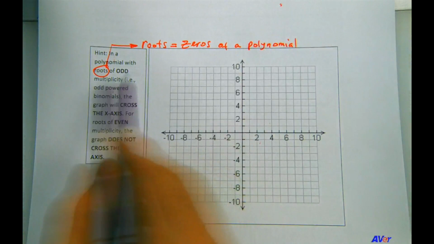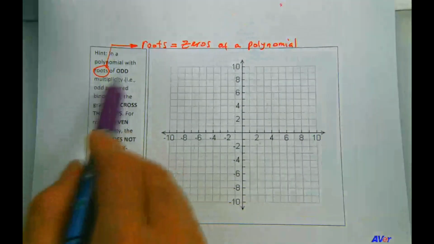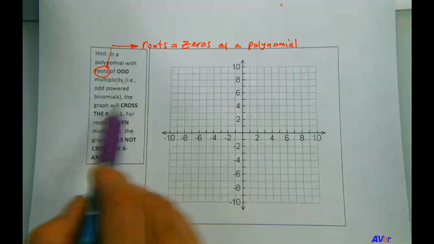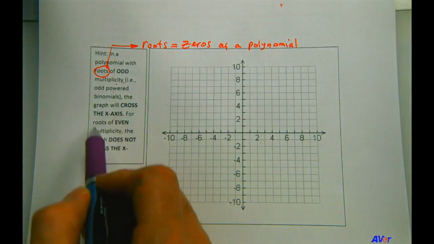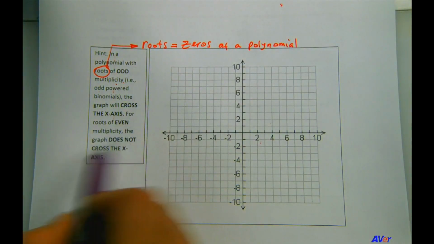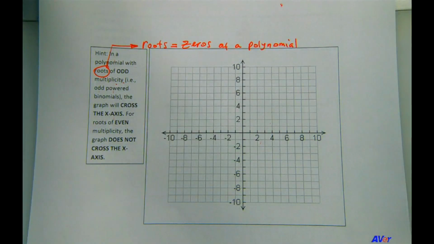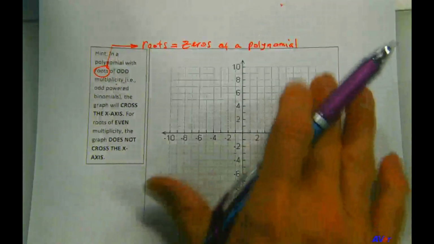So in a polynomial with roots or zeros of odd multiplicity, odd-powered binomials, the graph will cross the x-axis, which is what I said. For roots of even multiplicity, the graph does not cross the x-axis. So there is the summary of what I said right next to the graph, because it's so important to keep that in mind as we graph the polynomials.